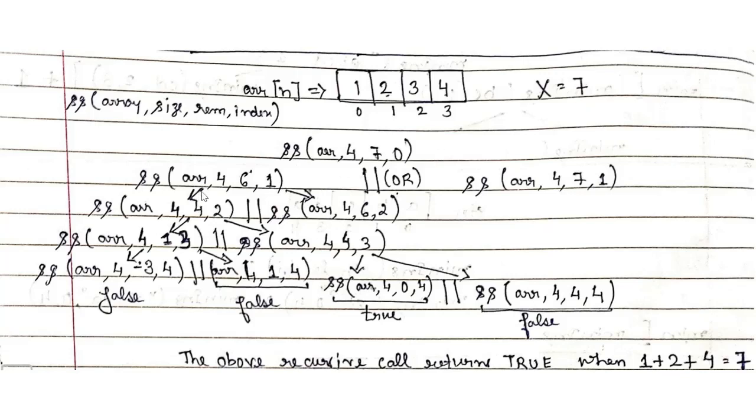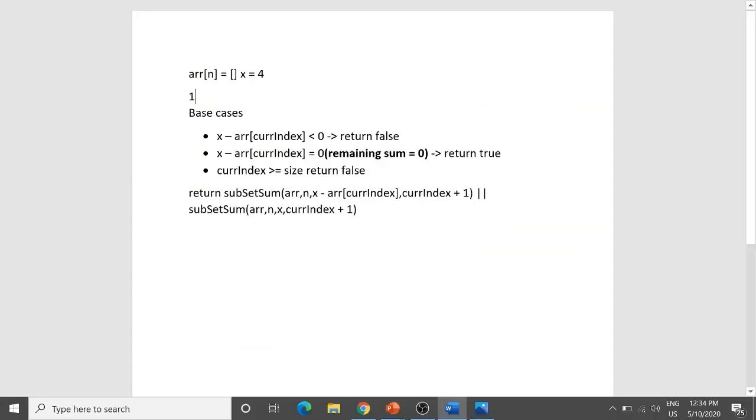In the two branches, which subcall led true to this subcall? This subcall, subarray 4 4 2. When did I call this? When I included the element present at index 1, which was 2. That's why I reduced this 6 to 4, because I subtracted 2 from this 6. Hence my leftover sum is now 4. So I included 2 over here.